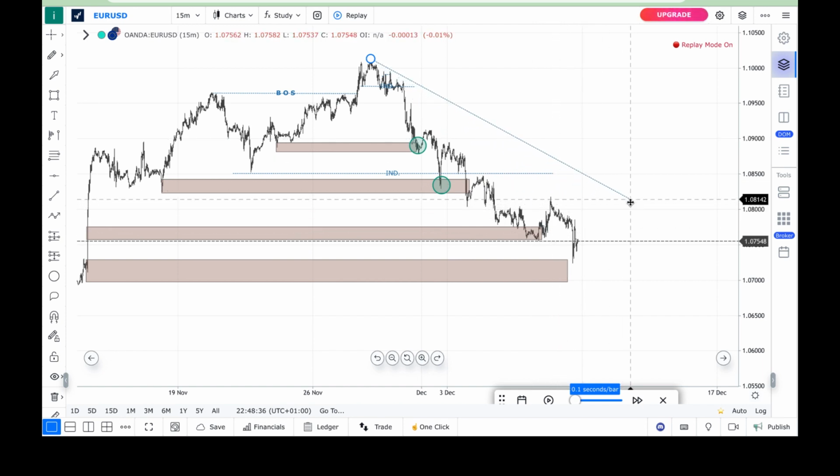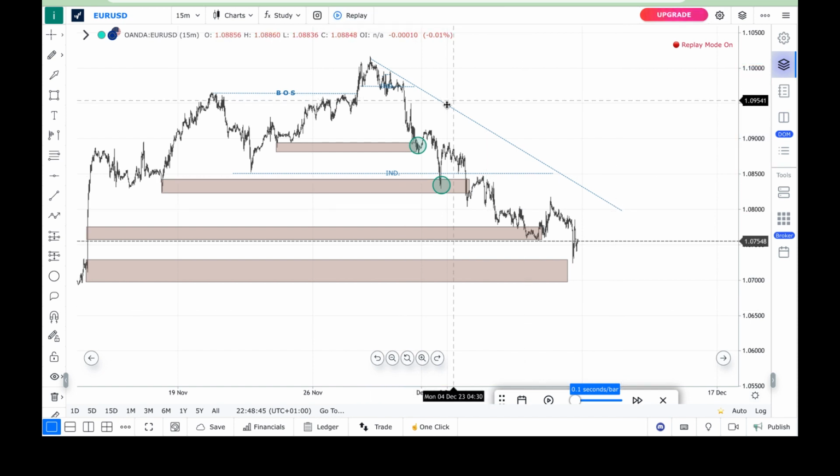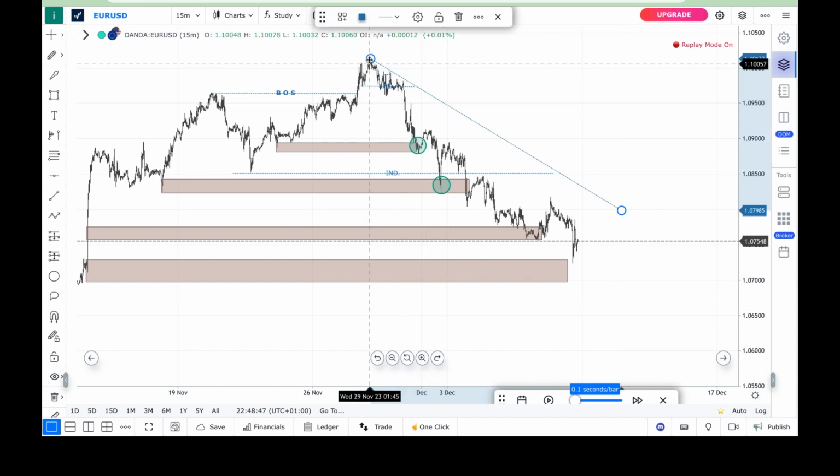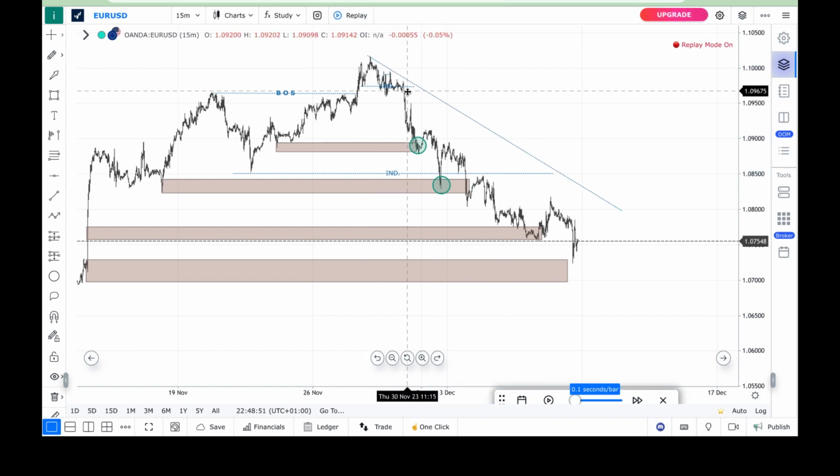So also, another set of people will get trapped here, the trend line, because the market has been respecting their trend line. So now what will they expect?